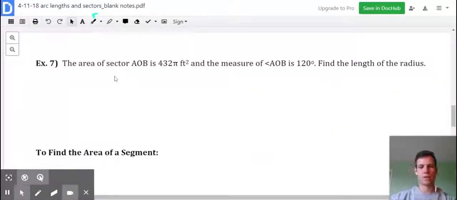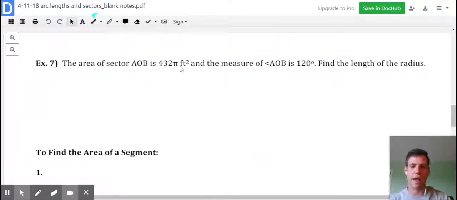In this third sector area problem, we are starting out with the area of a sector being 432 pi feet squared, and we're trying to look for the length of the radius in feet.